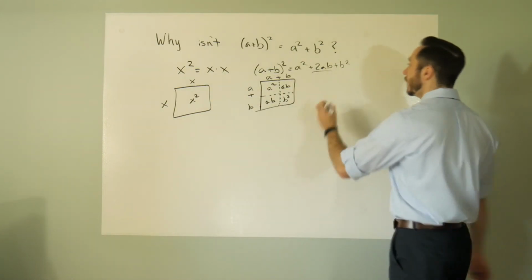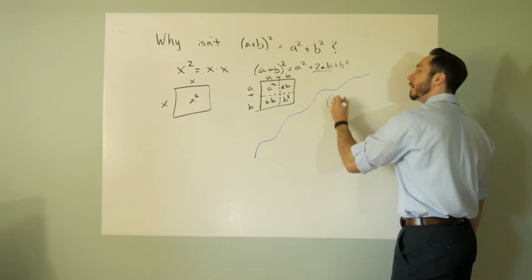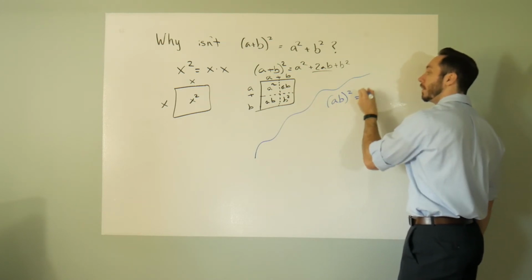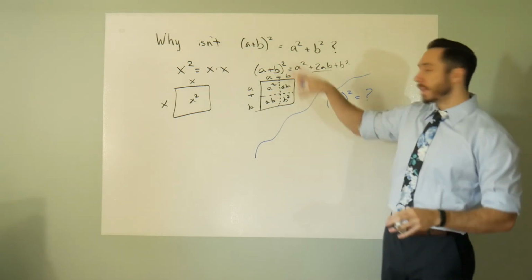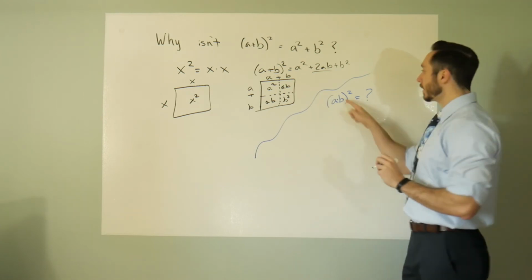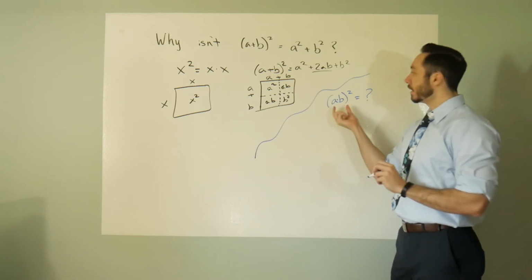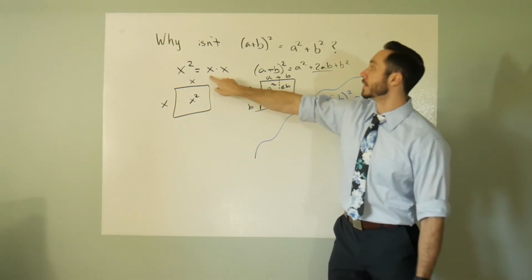So, alternatively, what if you're dealing with ab all squared? What is this equal to? Here, you can do that thing you tried to do. You can do it here because it's multiplication. The way that we think about exponents is we can write them out twice, just like how I wrote out this inner piece twice over here.